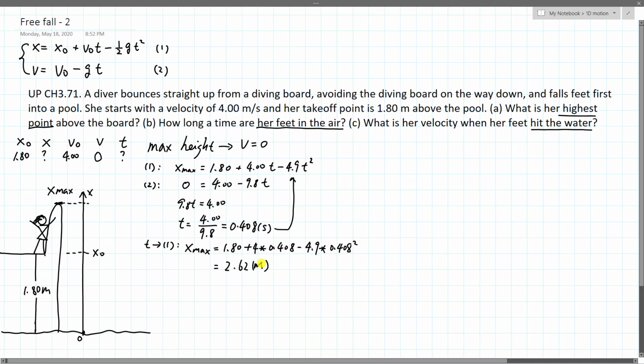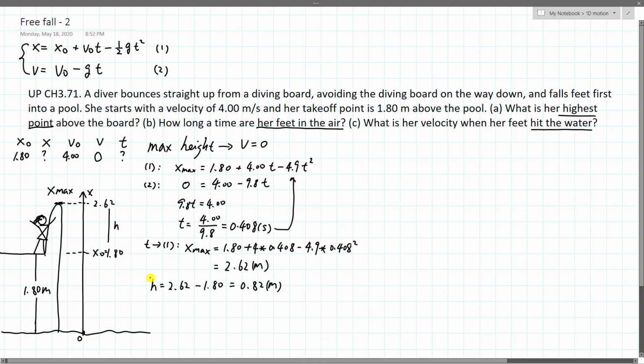Okay, so the original question was her highest point above the board. If this is 2.62 and this is 1.80, then this difference is that height, right? So the height is 2.62 minus 1.80, that's 0.8, and there's also 0.02, so 0.82 meters.